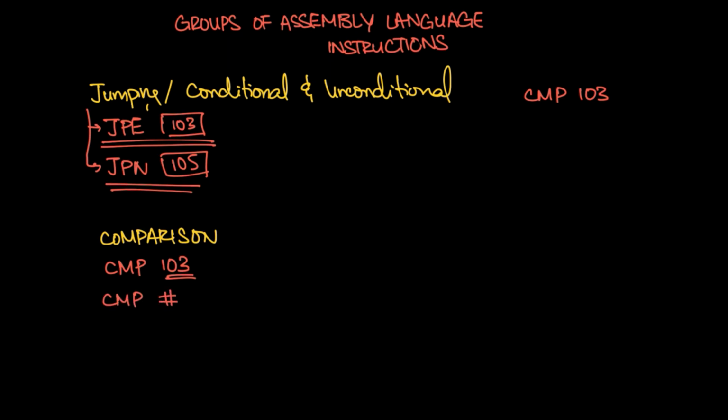So CMP hash 97 would compare the contents of the accumulator with the decimal number 97 and not the contents of memory location 97. This is all because of the hash that we added, the prefix. Other than that, we can also use CMI, which is compare using indirect addressing. This comes under addressing modes, which you probably learned in another video.